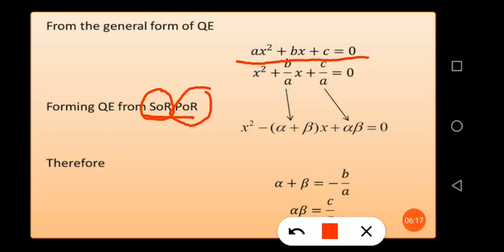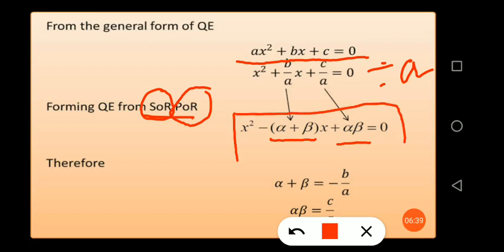When we divide both sides by a, we get this equation: x square plus b by a x plus c by a is equal to 0. And b by a is equal to minus of sum of roots, and c by a is equal to product of roots. So the new equation is x square minus alpha plus beta x plus alpha beta.